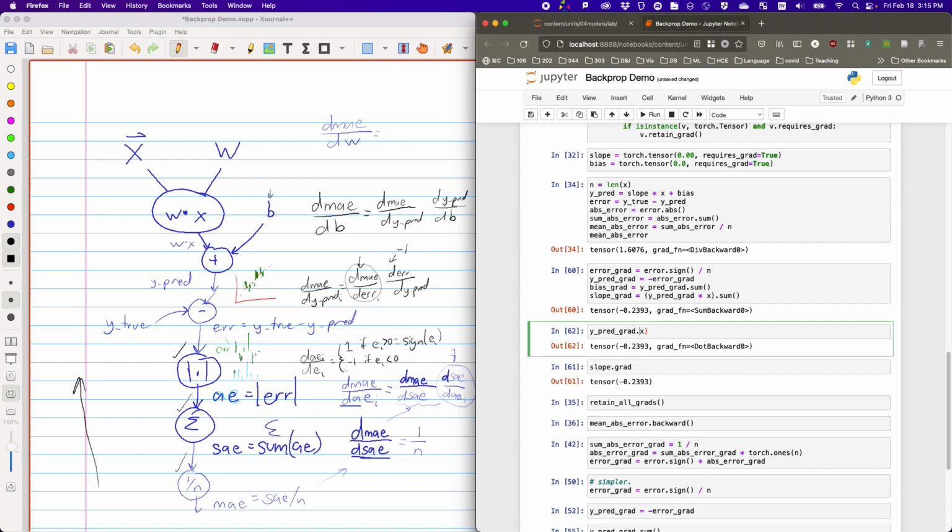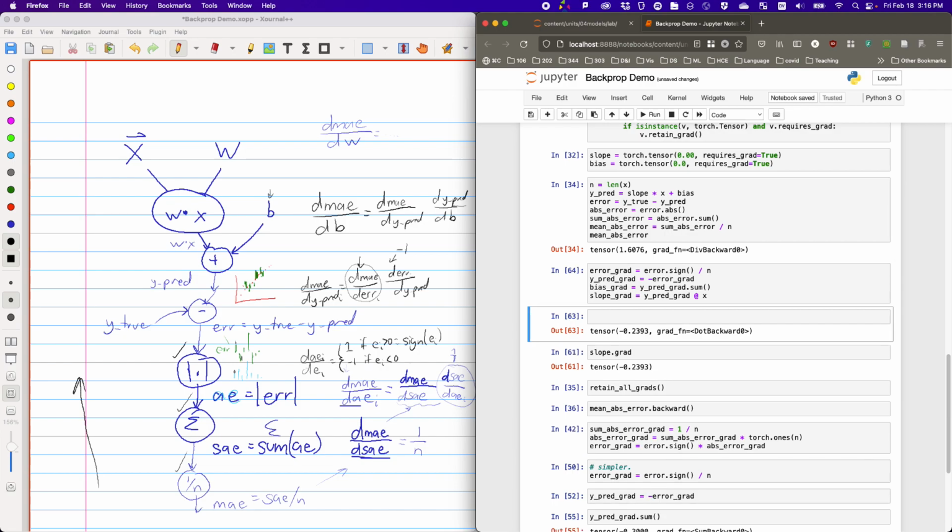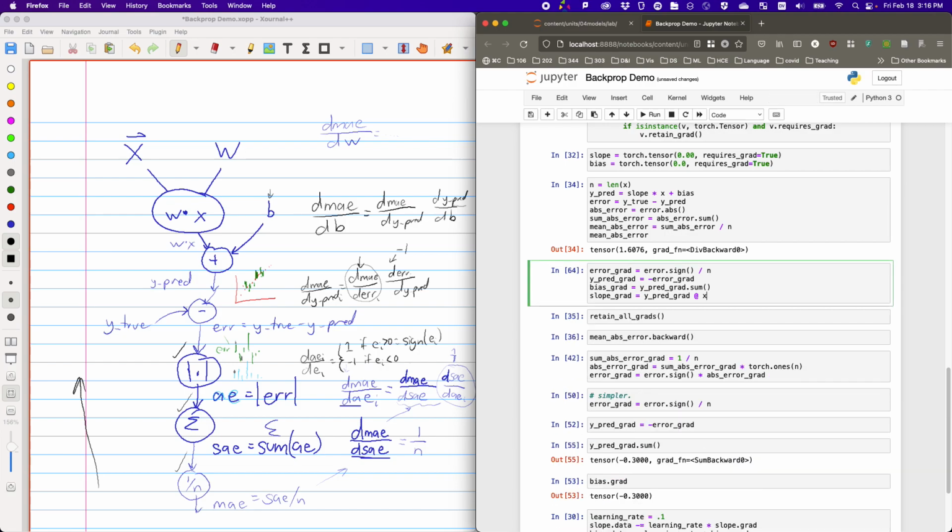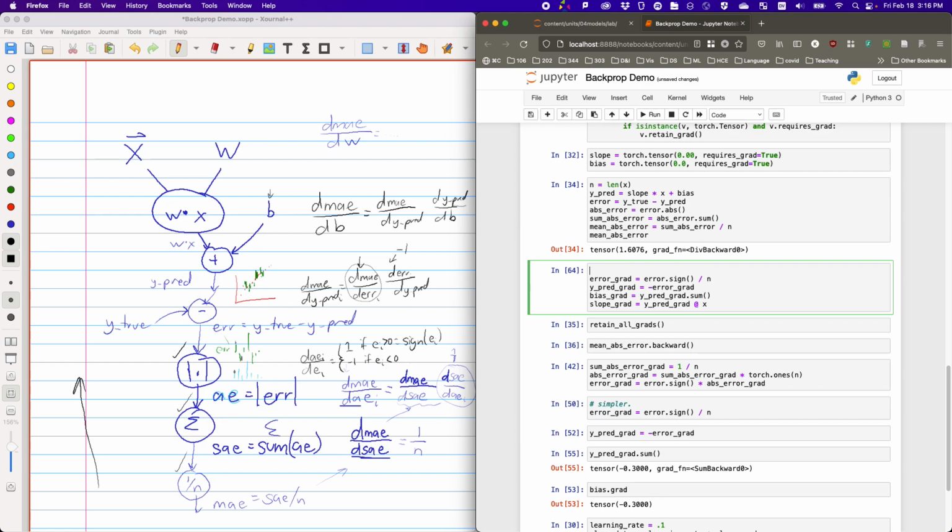Or you can write it even this way, matmul operator. So there is our backprop. Backpropagation for linear regression.